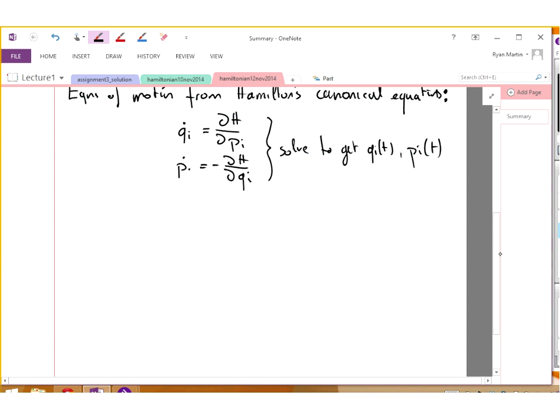And then last time, we looked into a little bit more about this phase space, as opposed to configuration space.